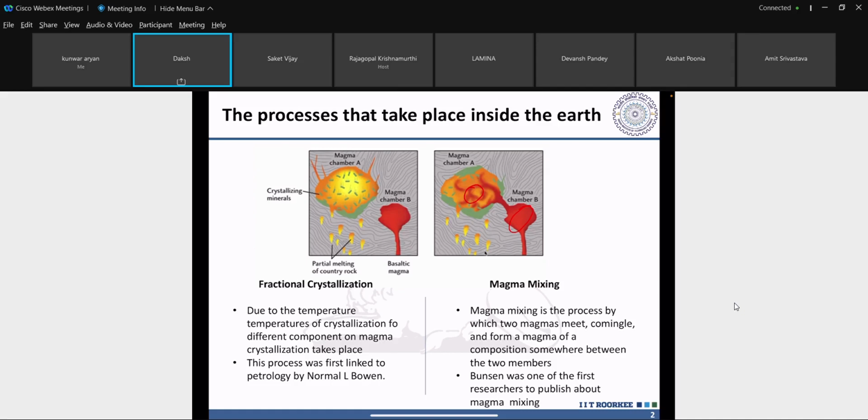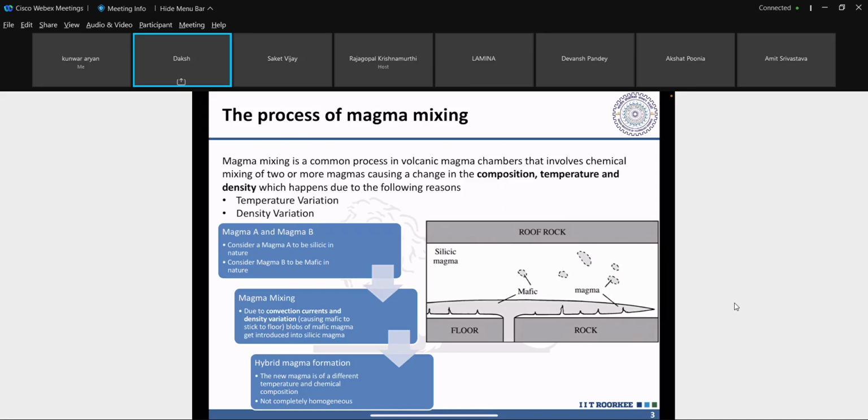And what are the reasons for those different things? Might be density variation, temperature variation, or convective stirring. This whole process was first observed or published by Bunsen, and we are going to develop on that further. So this is the whole process of magma mixing.